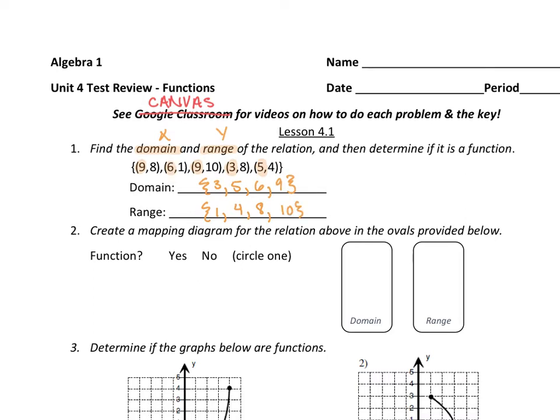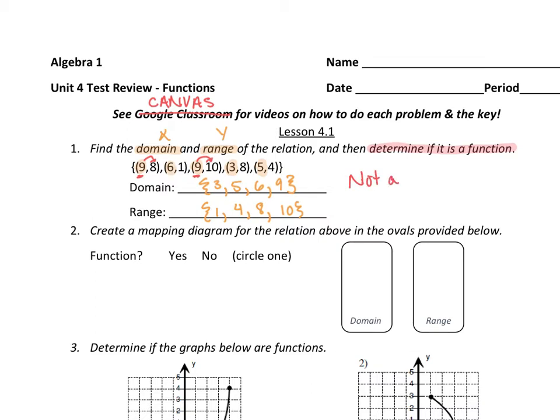Now, if you weren't really paying attention, you also needed to determine if this is a function. So let's check it out. The one I would be concerned about here is this 9. And since the 9 maps to 2 different numbers, that 9 repeats, this is not a function.